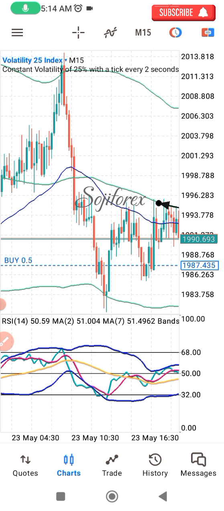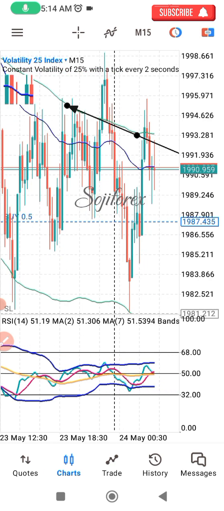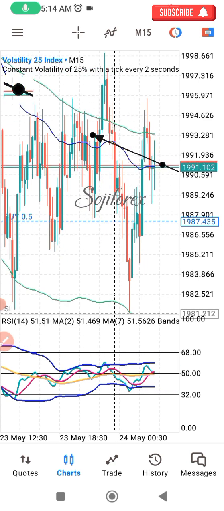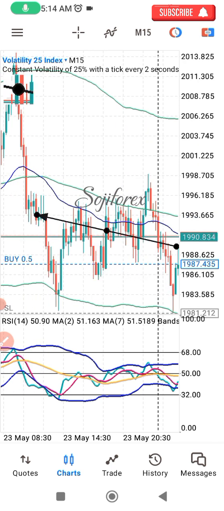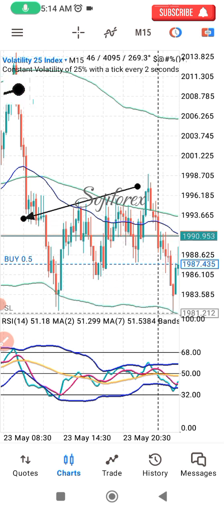And when we have price around our upper Bollinger Band, we are looking for a sell reversal. We also noticed how price played around the upper band and the lower band.